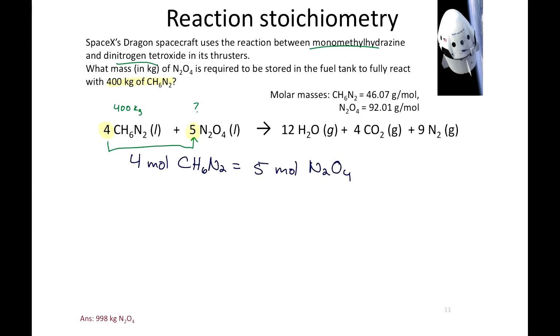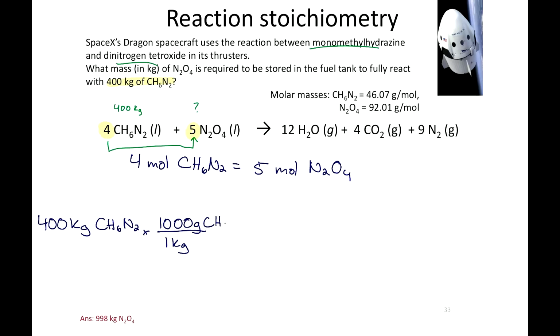I give you that we start with 400 kilograms of the CH6N2 stuff. We're in kilograms right now, so we're going to use our same strategy as before: molar mass, stoichiometry, molar mass. Molar mass is in grams per mole. Right now we're in kilograms, so I'm simply going to convert this into grams first.